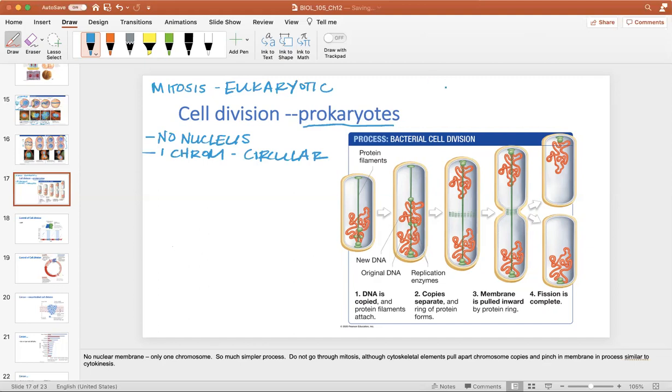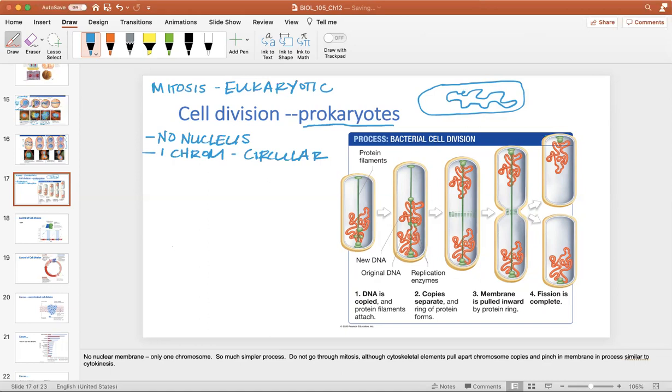So if I were to draw a bacterium, like up here, and I were drawing the genetic material, it would just be a single circular chromosome. Things to note: recall that prokaryotes are much smaller than eukaryotes. Also, they're much simpler.